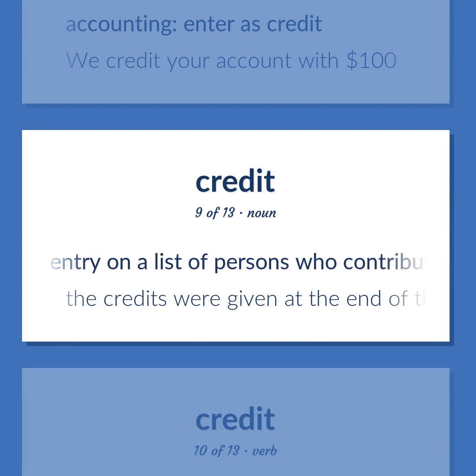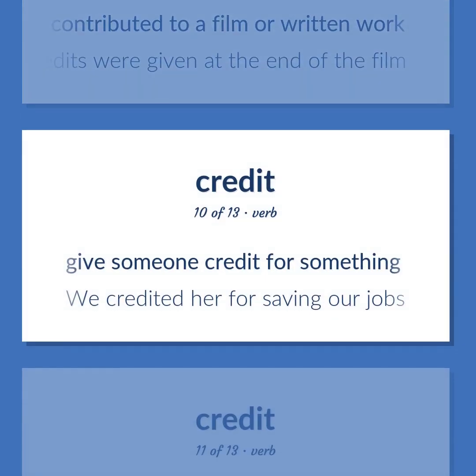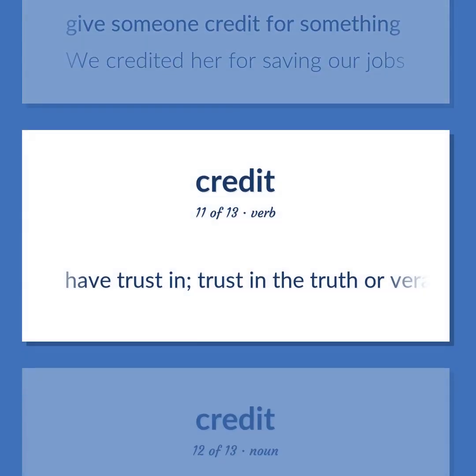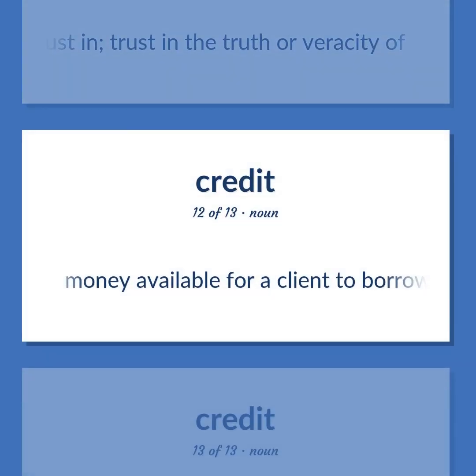An entry on a list of persons who contributed to a film or written work. The credits were given at the end of the film. Give someone credit for something. We credited her for saving our jobs. Have trust in. Trust in the truth or veracity of. Money available for a client to borrow.